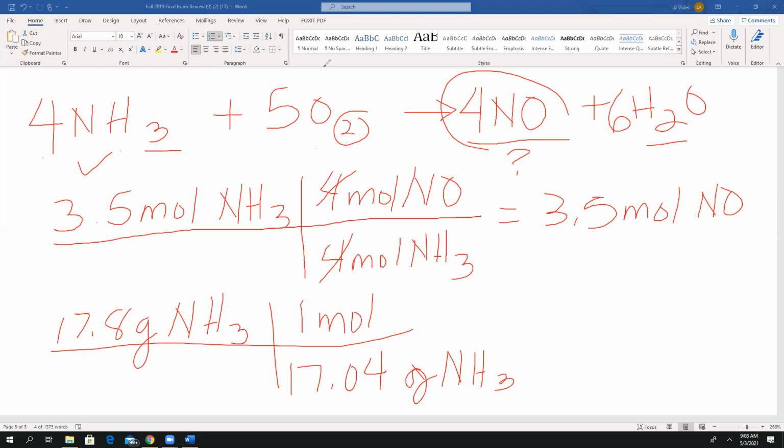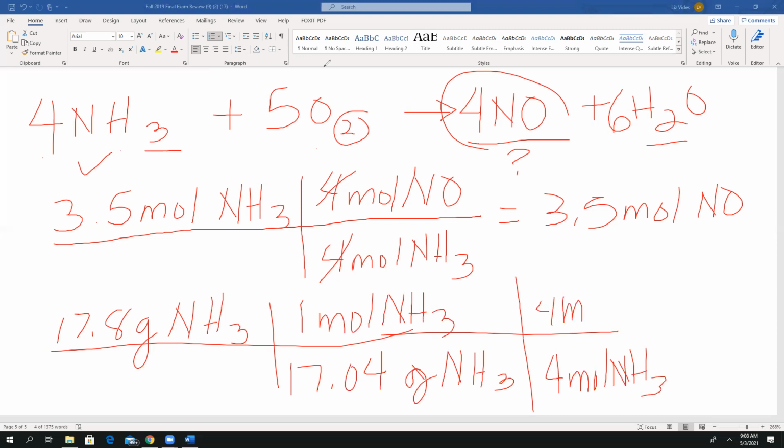It's good to write the ammonia down because now you need to do your conversion versus 4 moles of ammonia. Give you 4 moles of NO. And the last thing to do is figure out NO. So that's 14.01 and 16, right? 30.01.